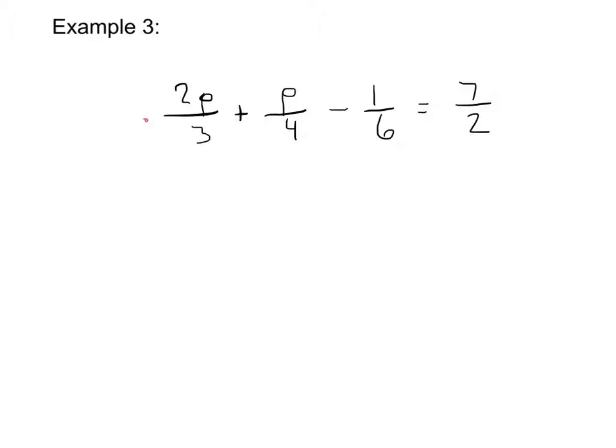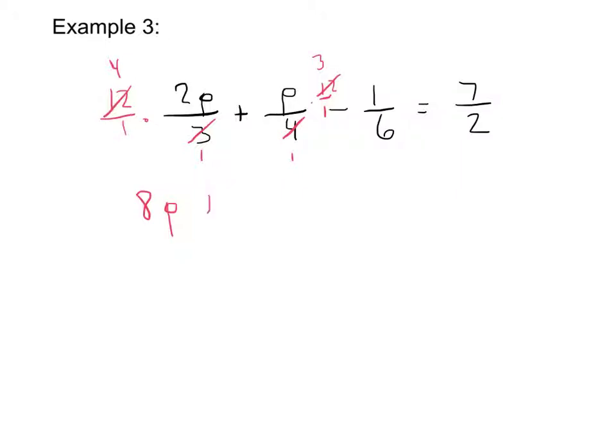And let's see what happens here when I clear the denominator. So when I multiply by 12 over 1, this 3 cancels, and 12 divided by 3 is 4. So 4 times 2p, 4 groups of 2p, is 8p. We'll multiply this by 12 over 1. And then 12 divided by 4 is 3.